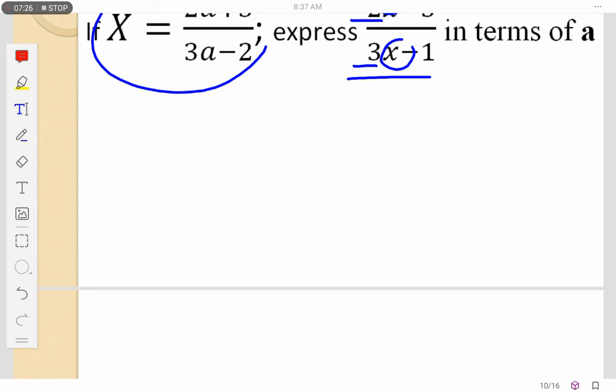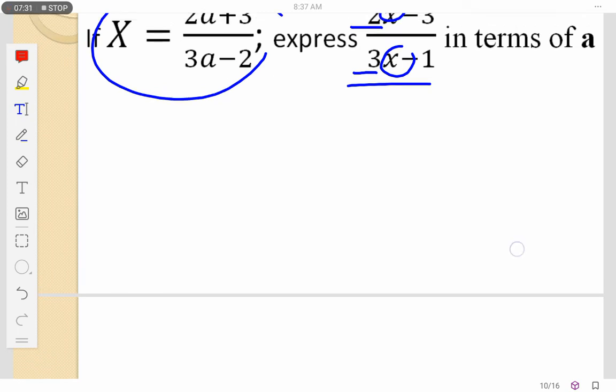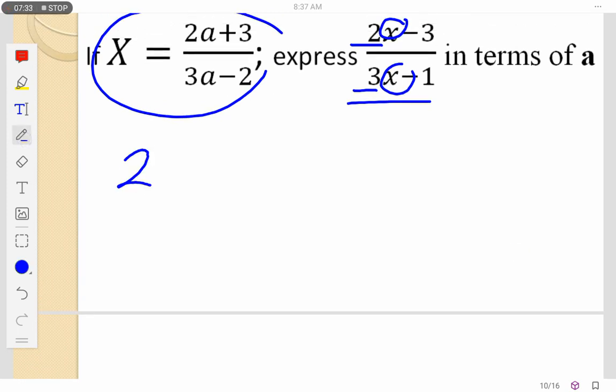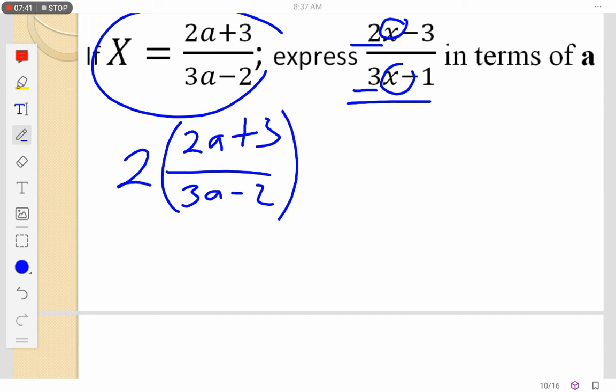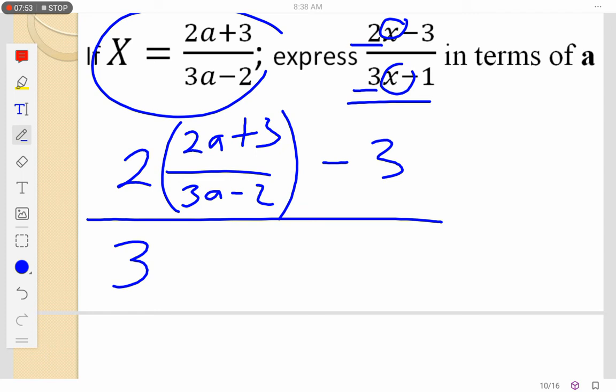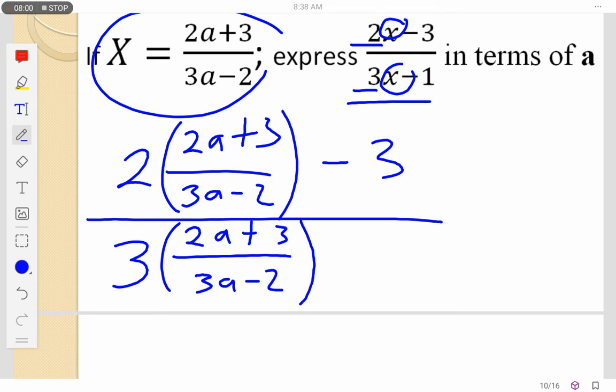Let's write what we have. I'll have 2 by 2a plus 3 over 3a minus 2 minus 3, all over 3 by 2a plus 3 over 3a minus 2, then minus 1.